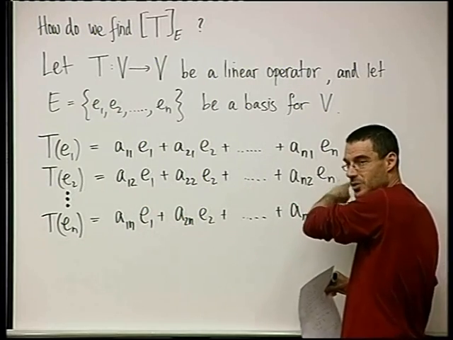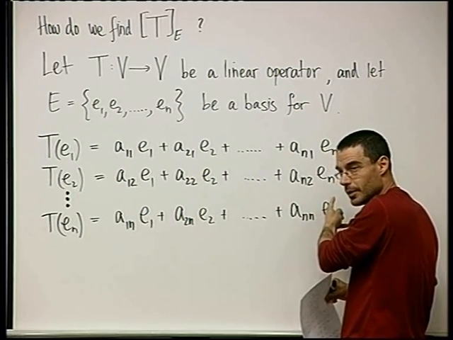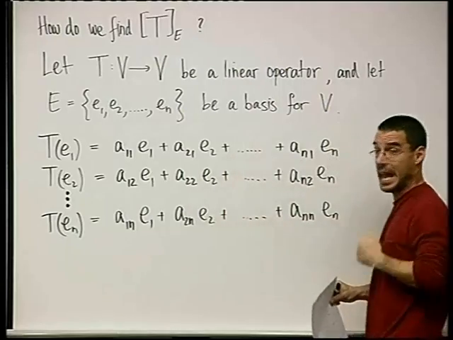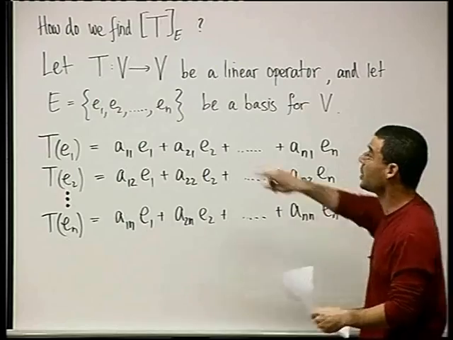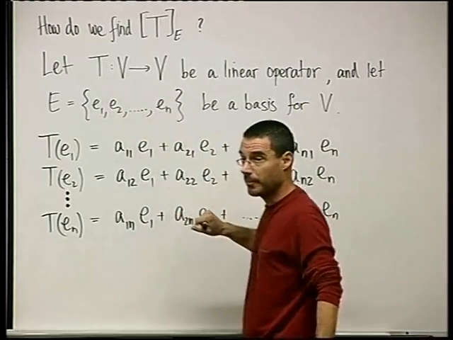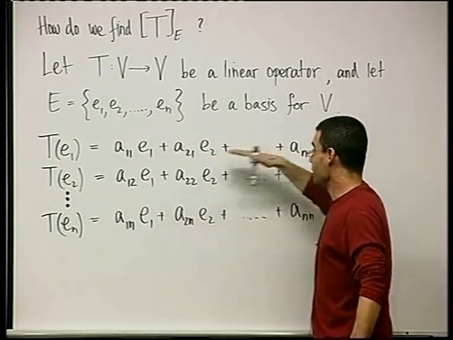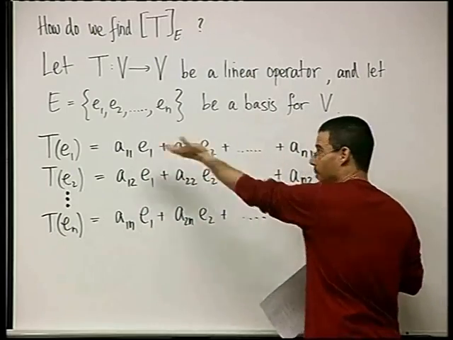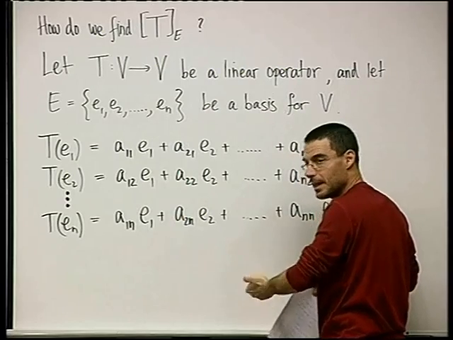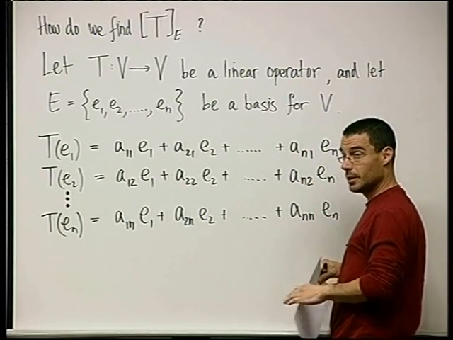I want them as columns. I want them to be the columns of my A. That's how we did it when originally it was a T from Fn to Fm. Remember? So how do I make them columns? If you look at the coefficient matrix here, I want the rows to be columns. I take the transpose. Okay?